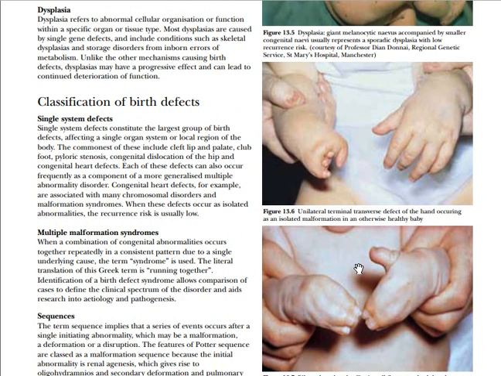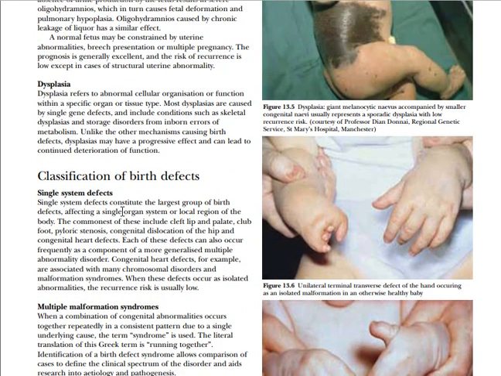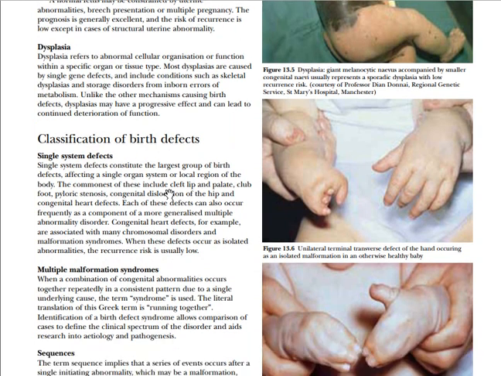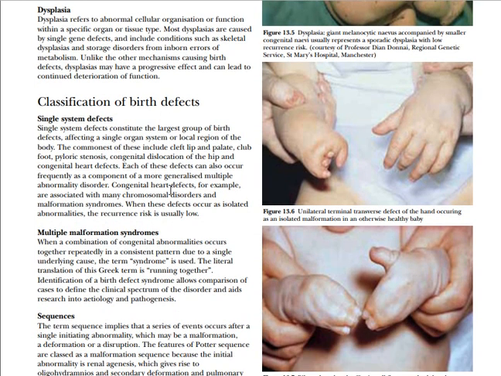Is it clear? So now you have classification of birth defects. You can have a single system defect. A single system defect consists of a large group of birth defects affecting a single organ system or a local region.